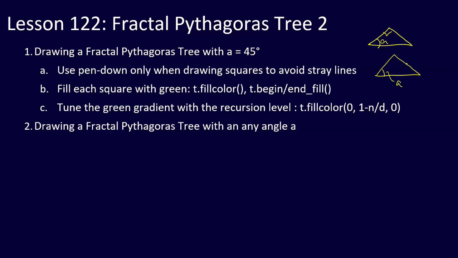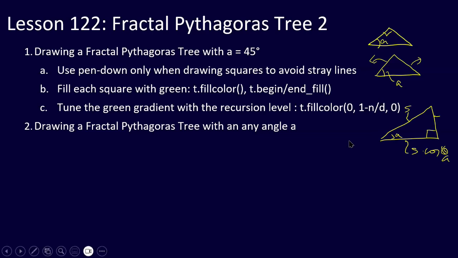So in that case, what is the length of this and this? That's a question. Maybe if you are familiar with mathematics, you can figure that out. If you have a right triangle here, and this is A, and this is S, this is, as you know, cosine A times S. And this is sine A times S. So that's why.